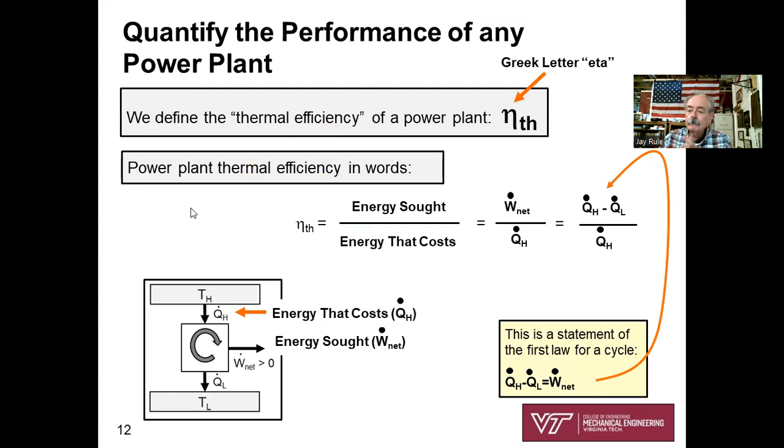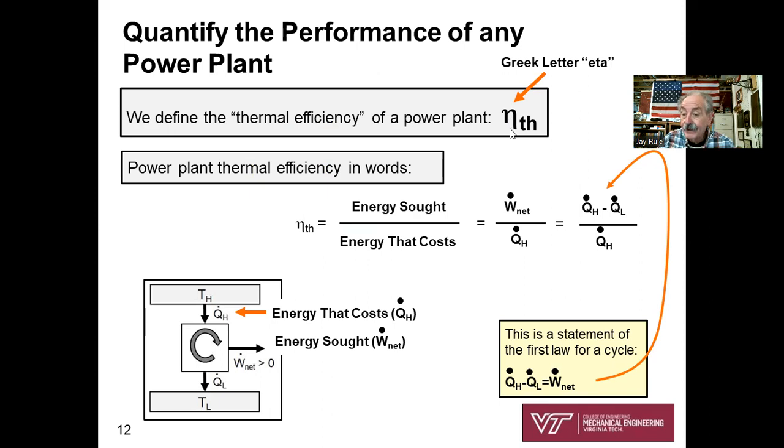Now we're going to get into how we quantify the performance of any power plant, any heat engine. What we do is define the thermal efficiency of a power plant as eta thermal, the Greek letter eta.